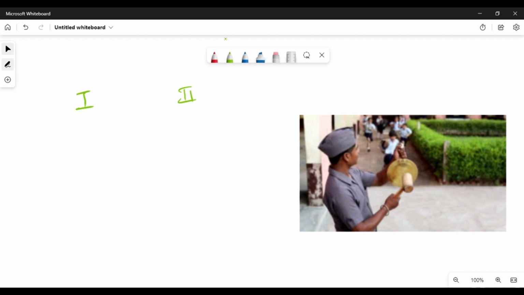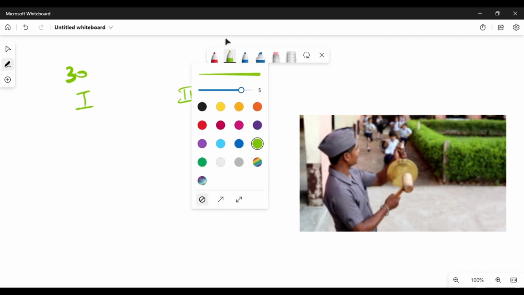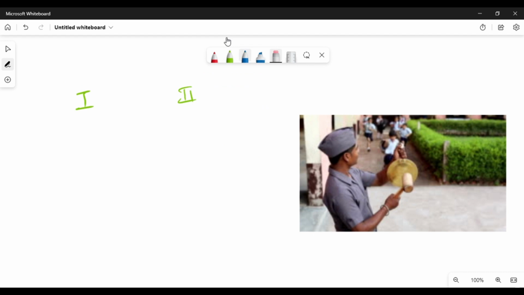It is a playway school, so here each period is of 20 minutes, and in this school period is of 30 minutes.